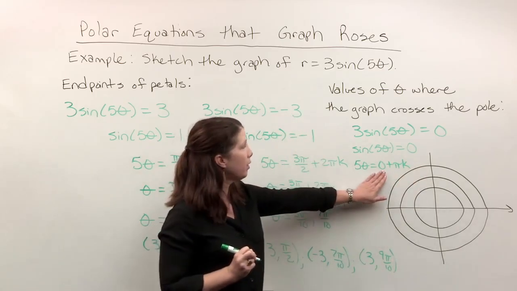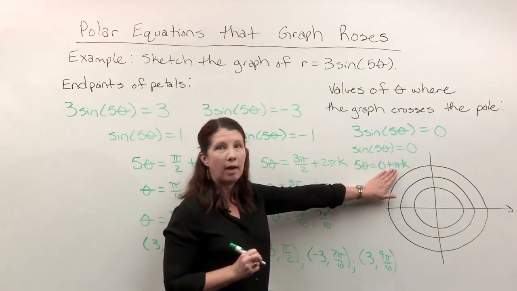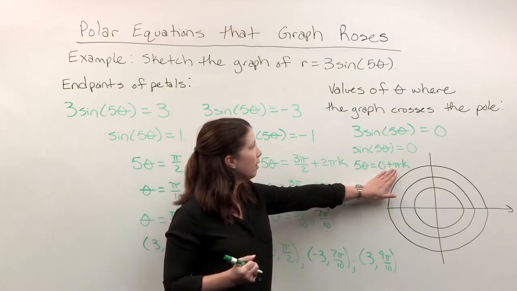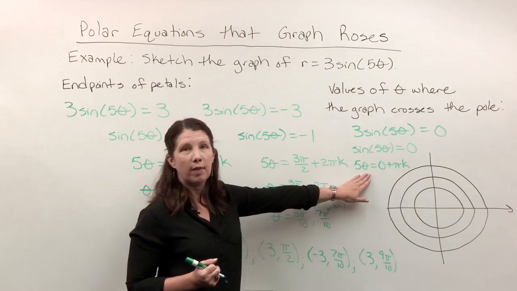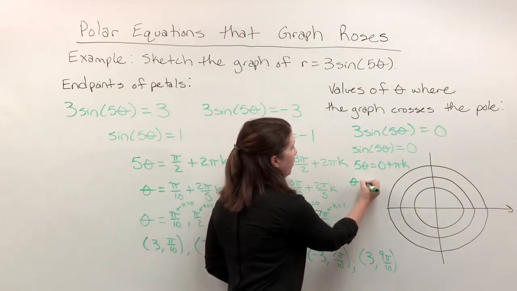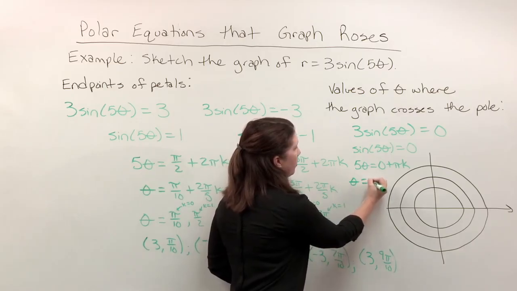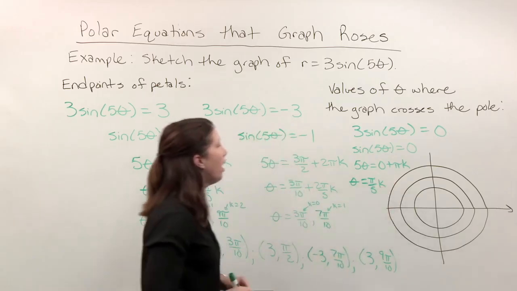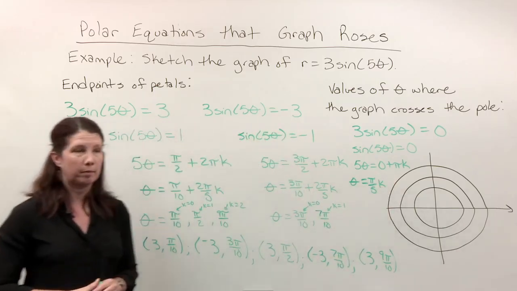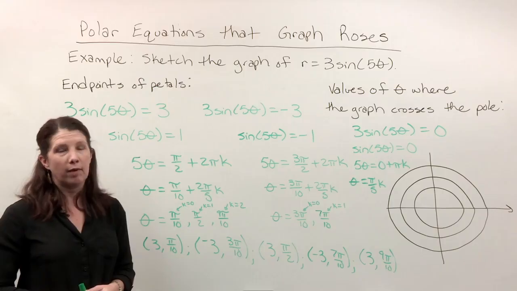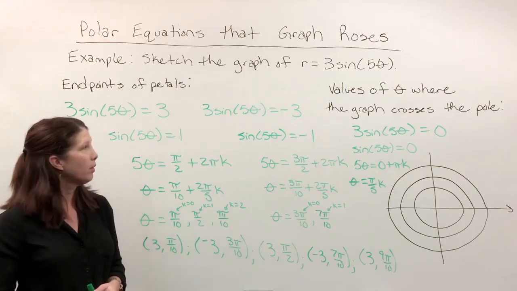That takes care of 0, and then pi, 2 pi, 3 pi, etc. Now finish solving for theta by dividing both sides by 5. 0 divided by 5 is still 0, so I could write this general formula as just pi over 5 times k.